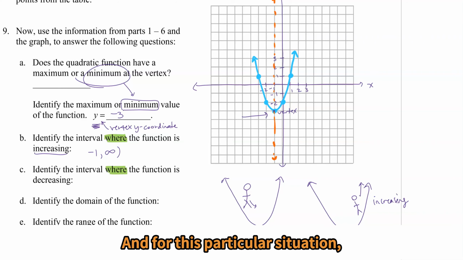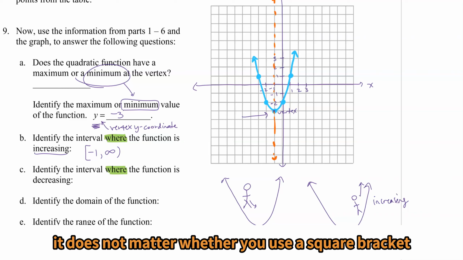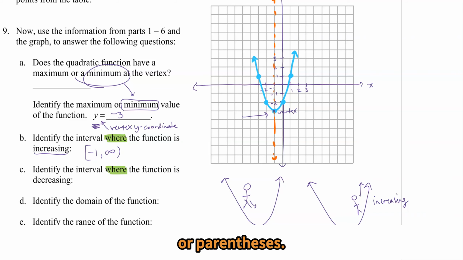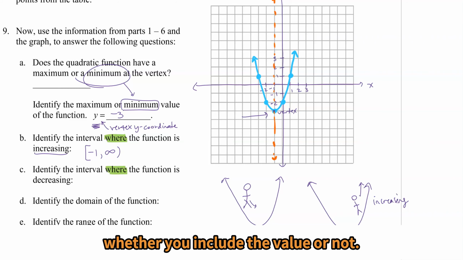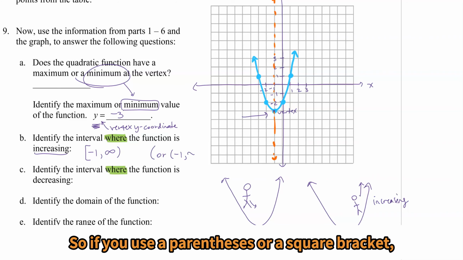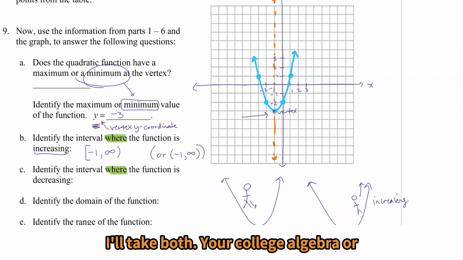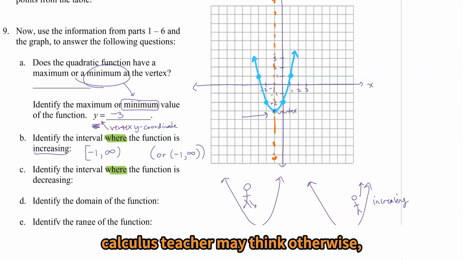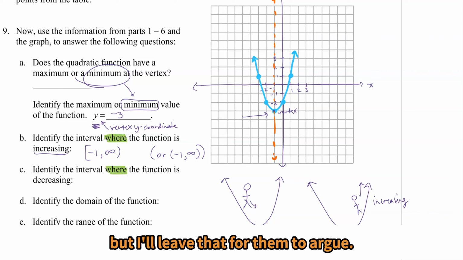And for this particular situation, it does not matter whether you use a square bracket or a parentheses. There's a lot of debate whether you include the value or not. I'm not going to make a big deal about it. So if you use a parentheses or a square bracket, no big deal for me. I'll take both. Your college algebra or calculus teacher may think otherwise, but I'll leave that for them to argue.